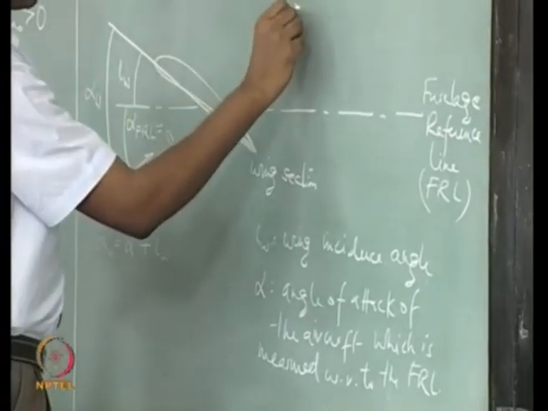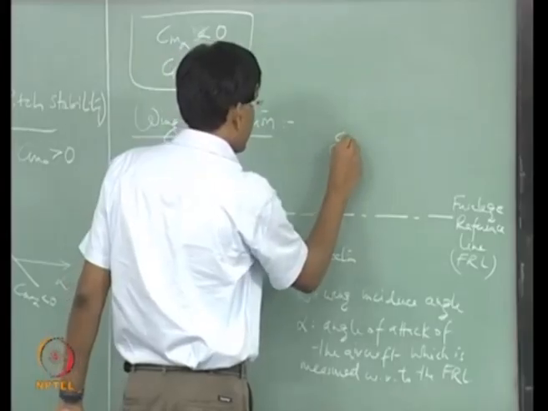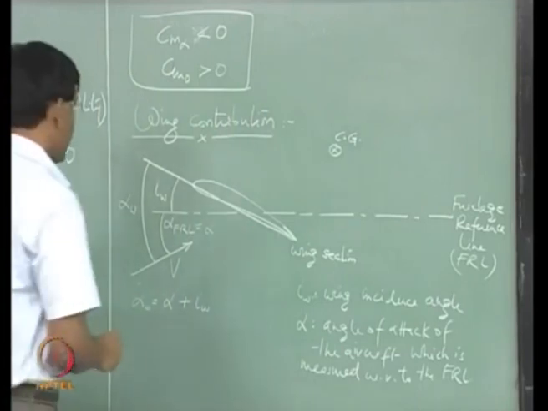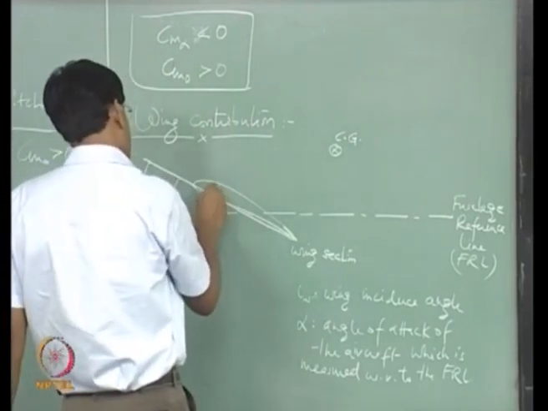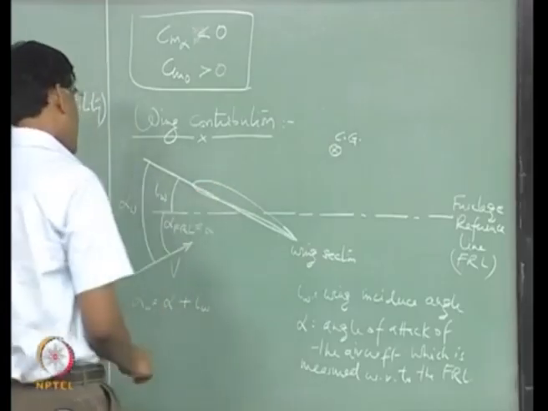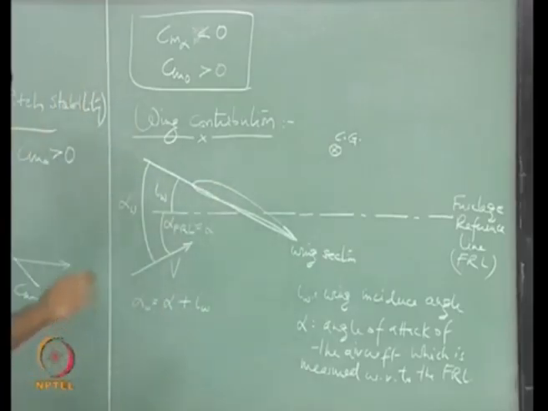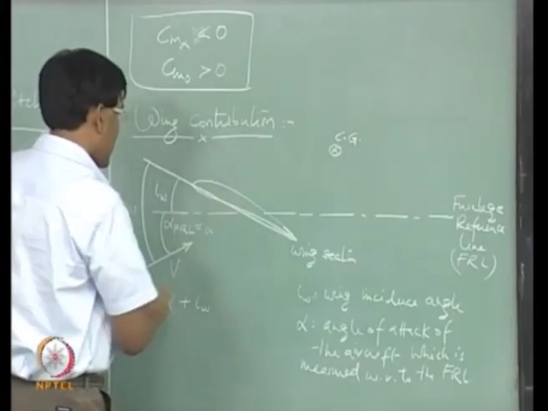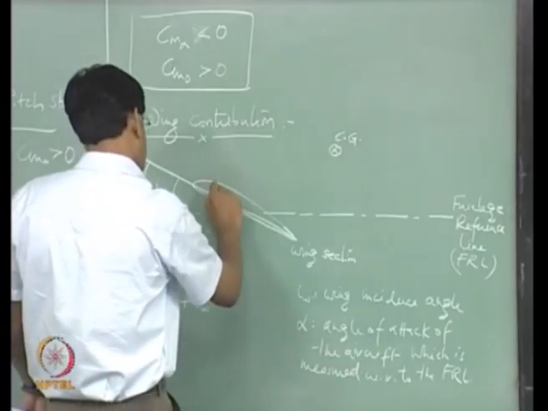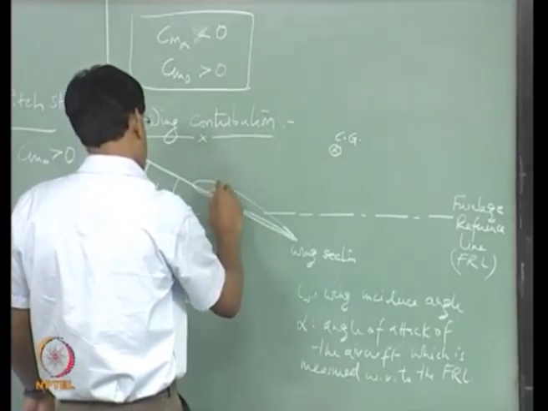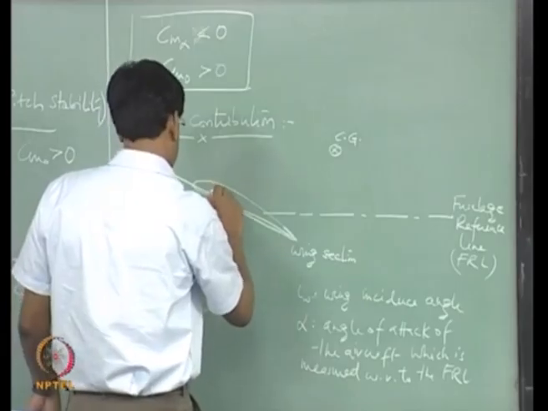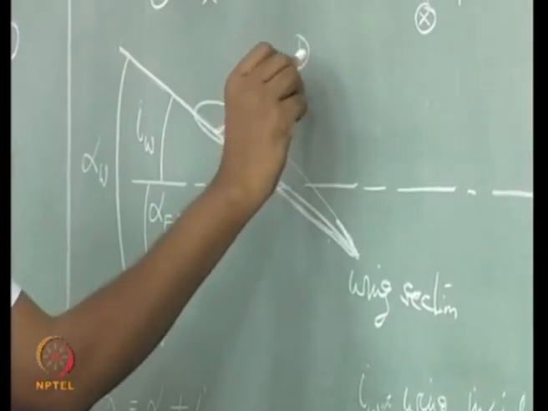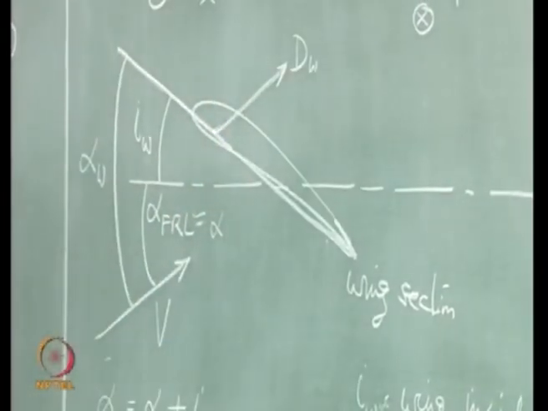We will define the CG somewhere here to start with, and we take the aerodynamic center of the wing at quarter chord in this simple formulation.